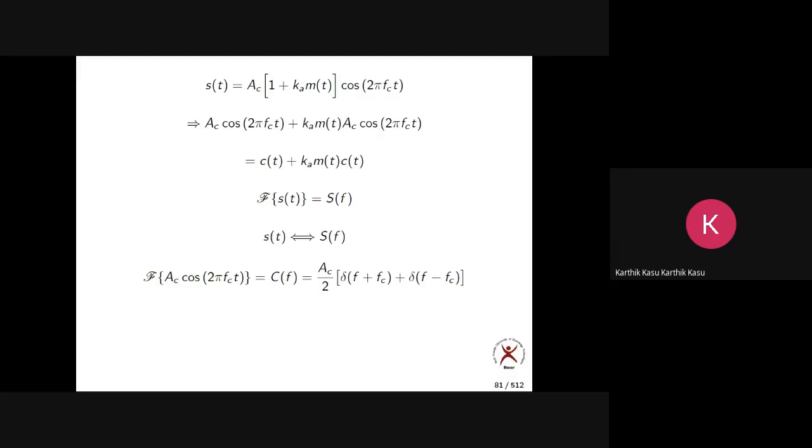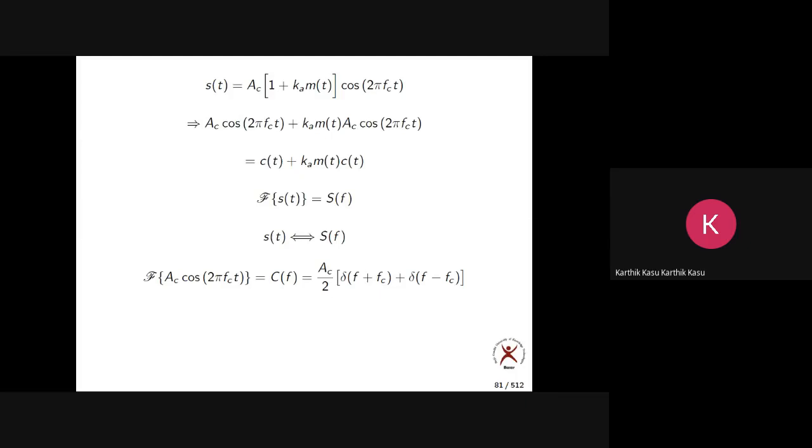So we have here two impulses, at frequency fc and at minus fc, with a strength, not amplitude, or with area otherwise. Area how much? Ac/2. So you know about impulses.